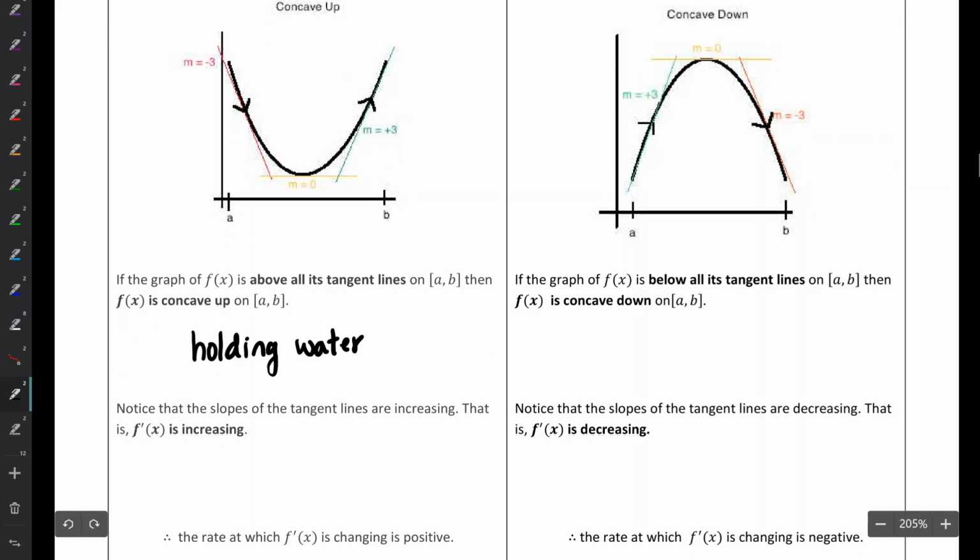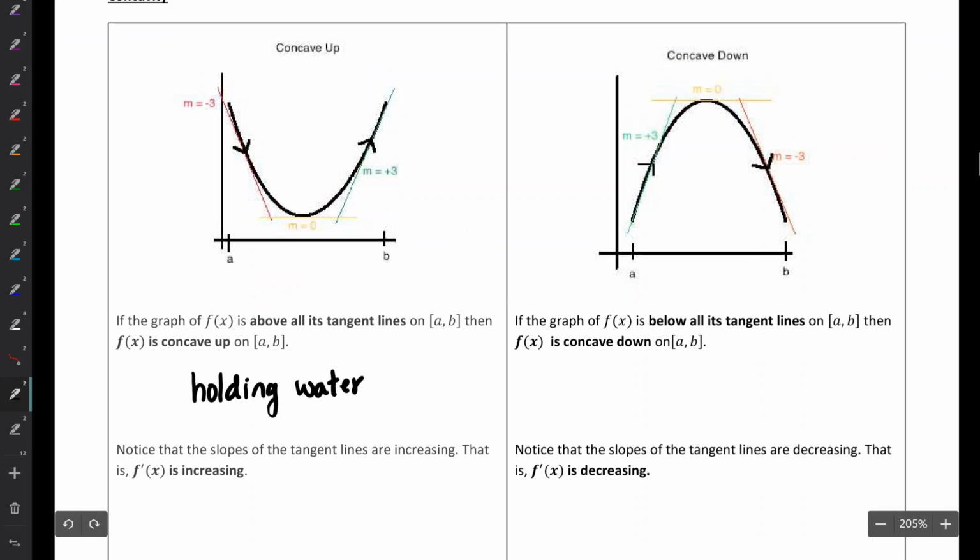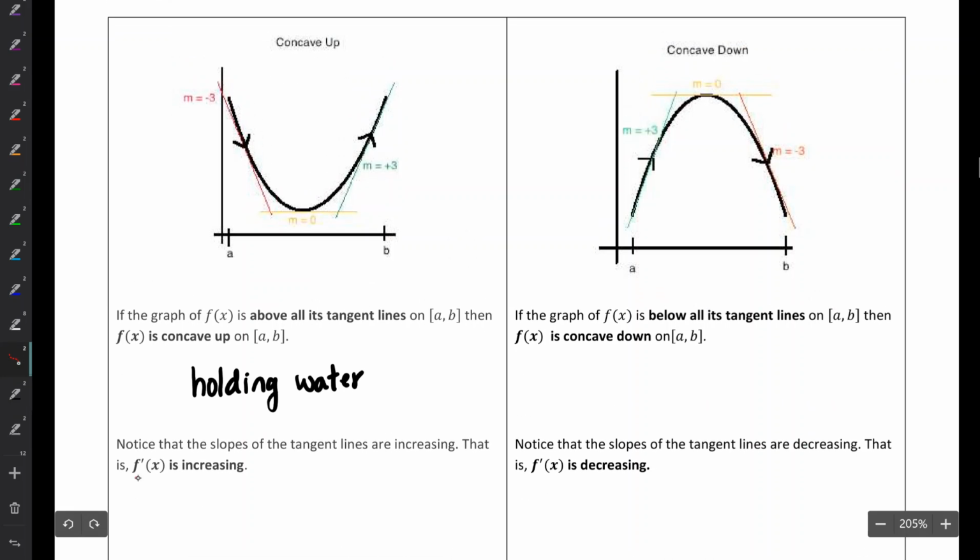Notice that all these slopes of these tangent lines are increasing. That is, the derivative is increasing. F prime is increasing. So for an example, maybe right here, this is a little blurry, so I'm going to just rewrite it. Here, say the derivative is -3. Right here, the derivative is 0.